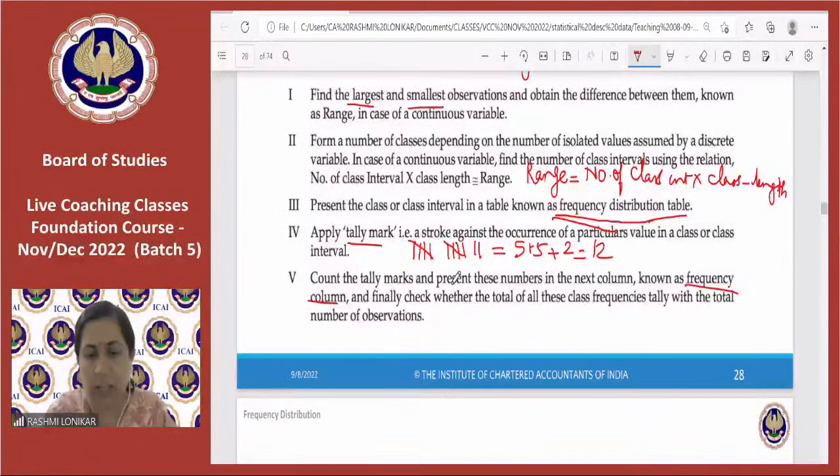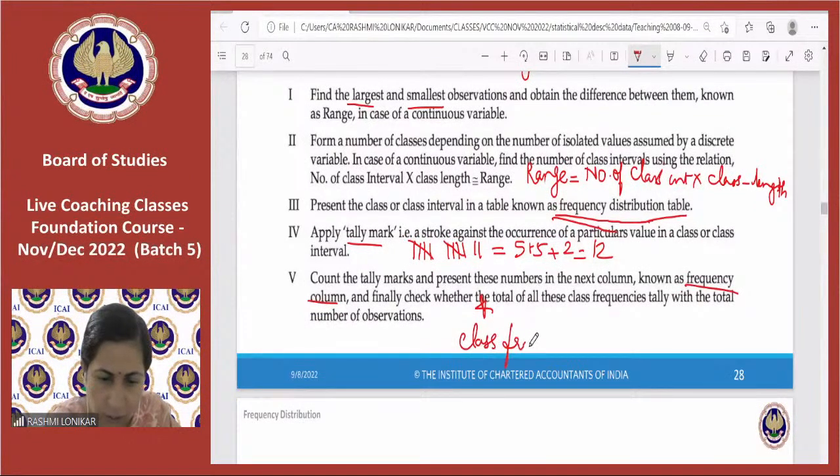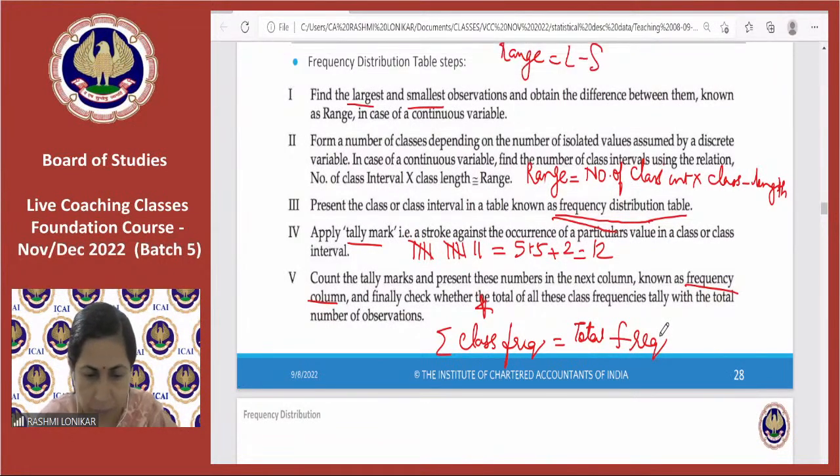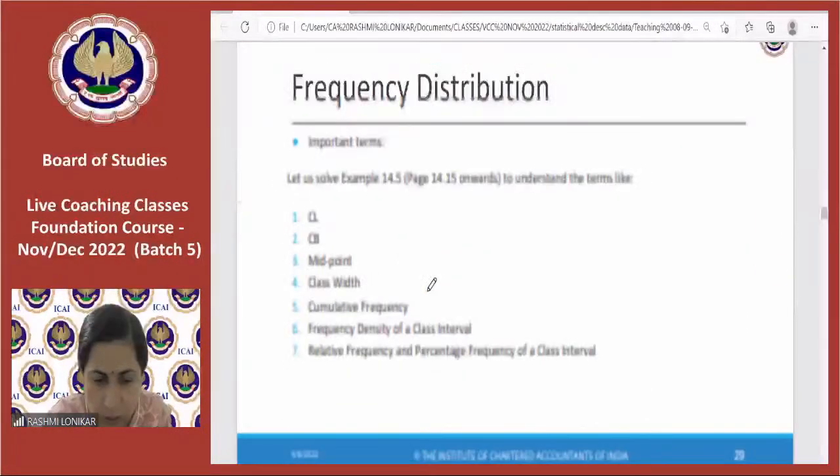And finally, check, this is important, that the total of all these class frequencies tallies with the total number of observations. So summation of class frequency should be equal to total frequency. Okay, correct. Now let us do the sum.